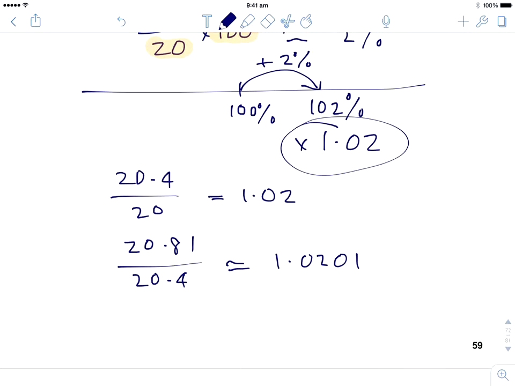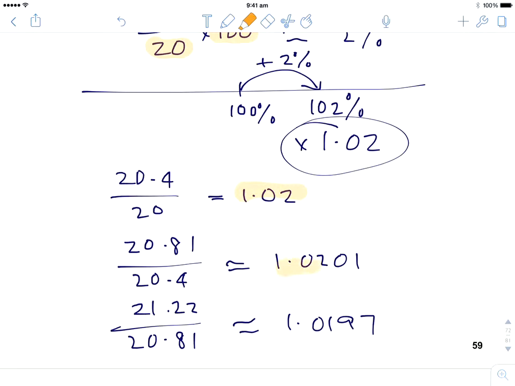And then the last one, which is 21.22 million divided by 20.81, and that is around about 1.0197. So you can see in each case we're pretty close to a 2% increase. So if you work backwards from that 1.02, that's a 2% increase.